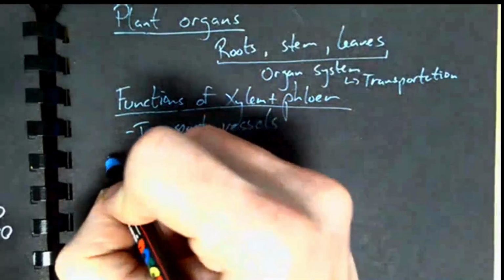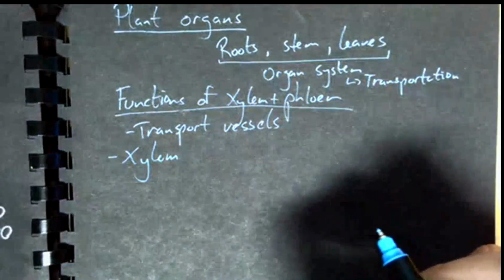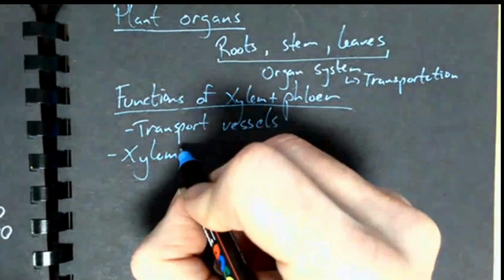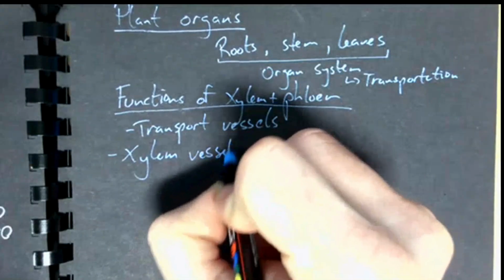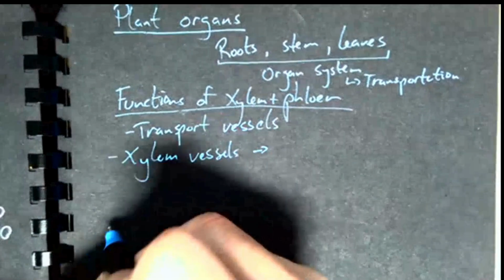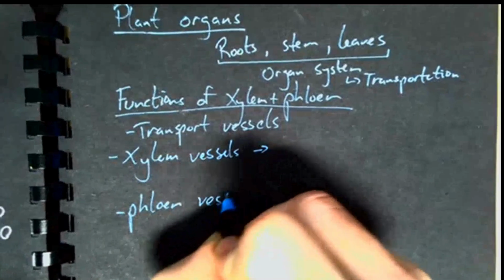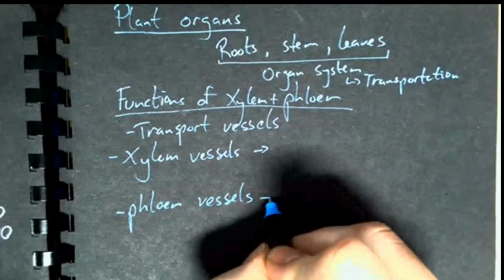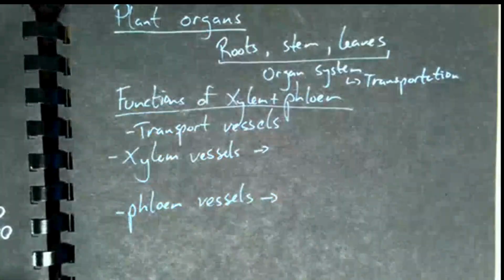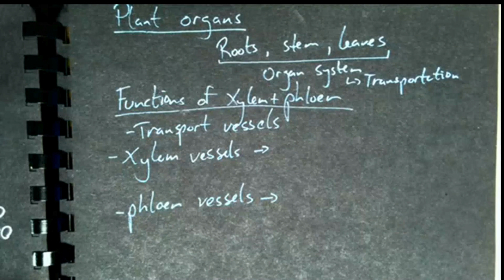So let's first state what those are. You've got your xylem vessels. And you've got your phloem vessels. So take a second and just see if you can list what sort of things you think are going to be transported by these two.